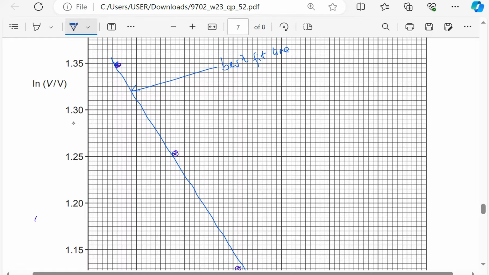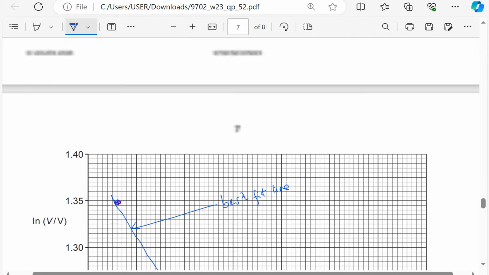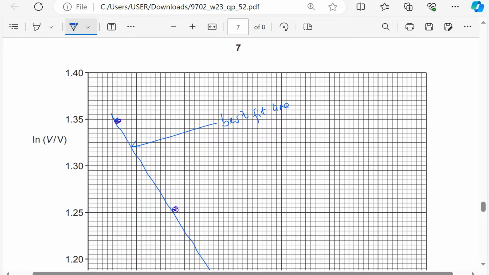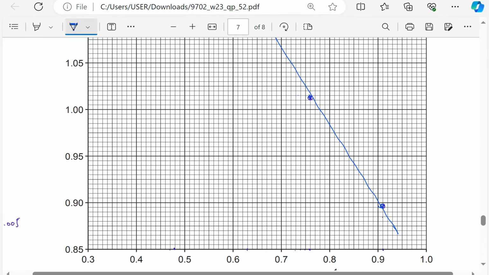So the next thing I have to do is the error bars. The error bars are for ln of v, which is vertical, so the error bars themselves are also going to be vertical. The first error bar is 0.021. The others were 0.018, 0.016, 0.014, 0.013. I remember them.